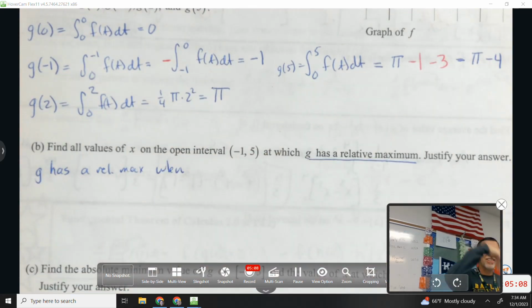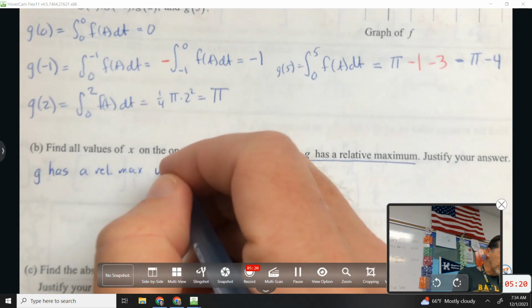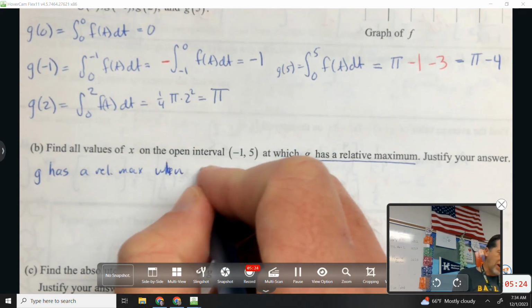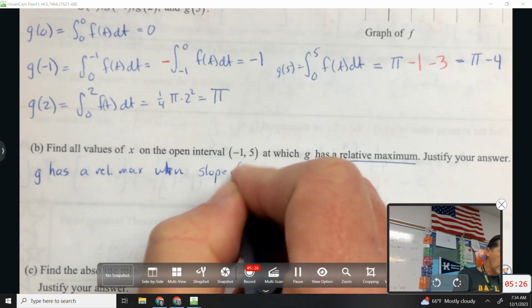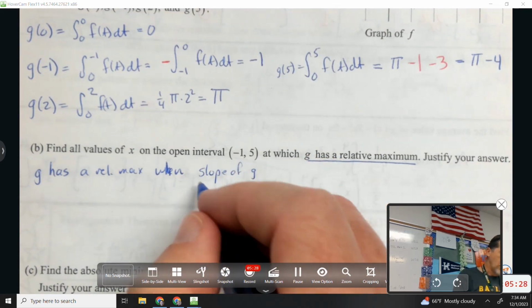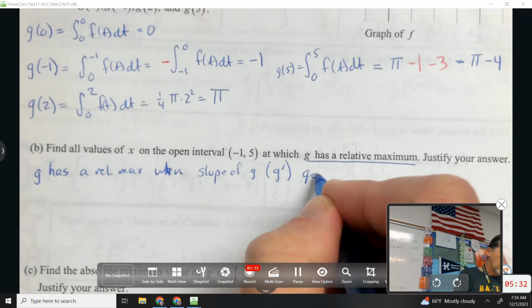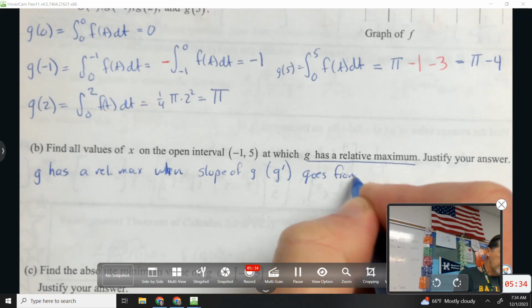What is the calculus words that go with that? Slope goes from positive to negative. Okay, that's right. And what's a more calculus-y word than slope? I mean, you're right. When the slope of G, also known as G prime, goes from positive to negative.